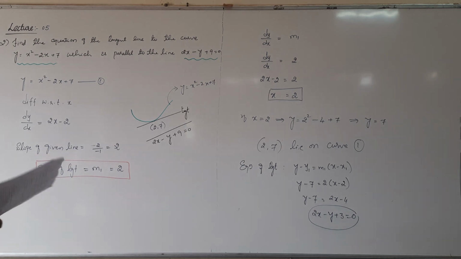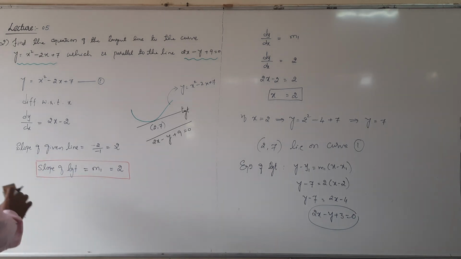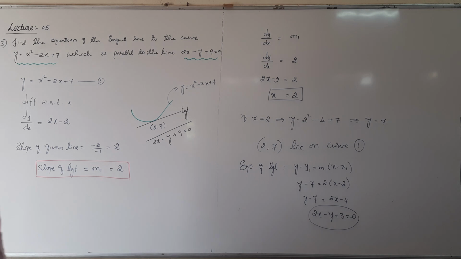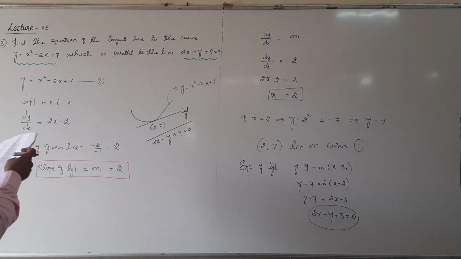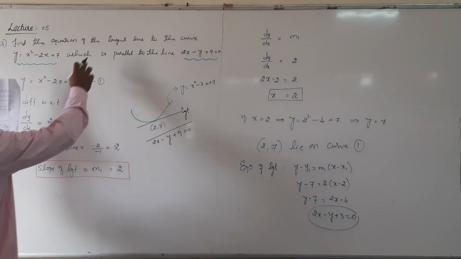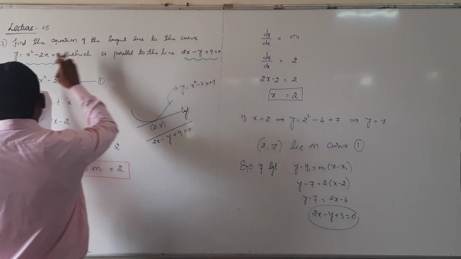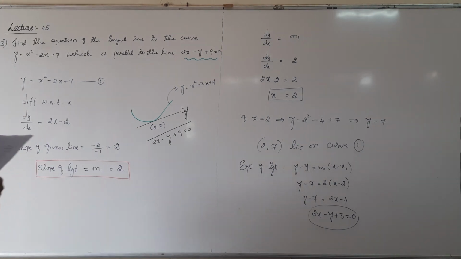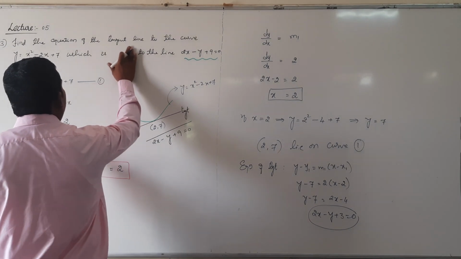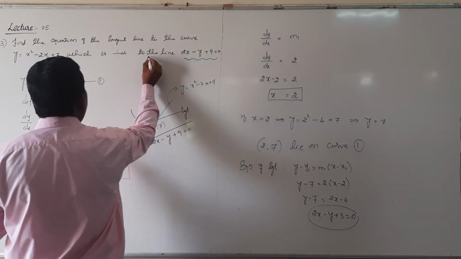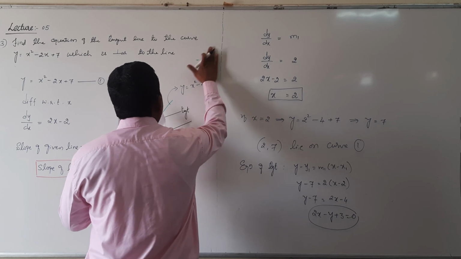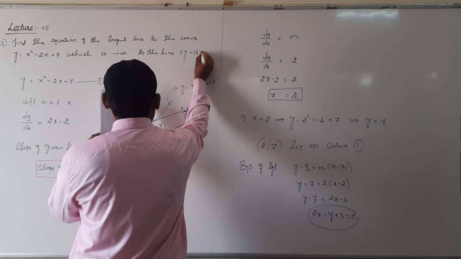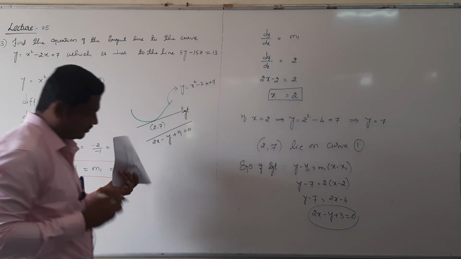Next question. Next question number 3. Find the equation of the tangent line to the curve y is equal to x square minus 2x plus 7, which is perpendicular, not parallel, which is perpendicular to the line 5y minus 15x equal to 13, right?